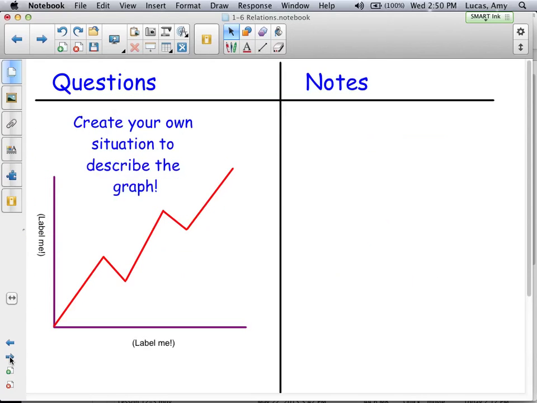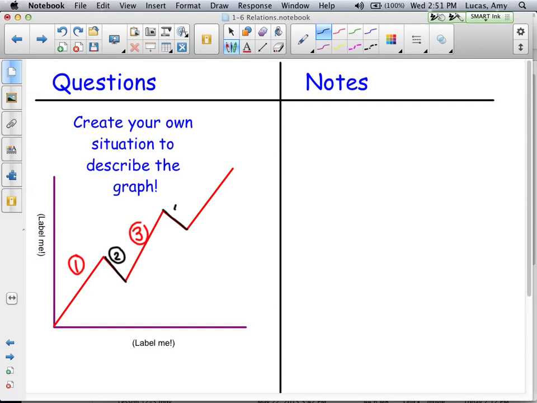All right, now we would like you to create your own situation to describe this graph. I want you to really think about the different pieces in the graph. The first piece where it goes up, second piece it goes down, third piece it's going up again, fourth piece it's going down, and the fifth piece it's going up.